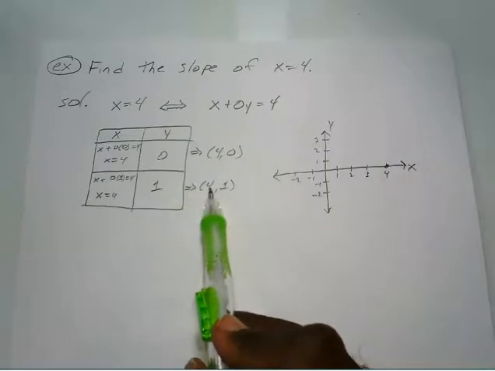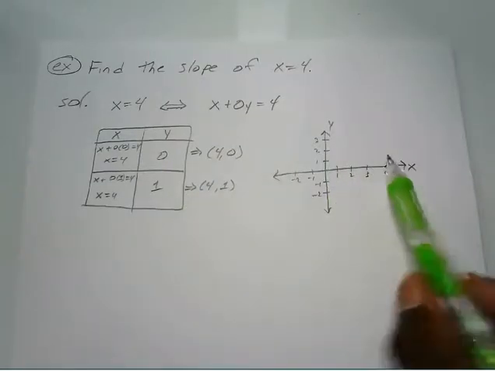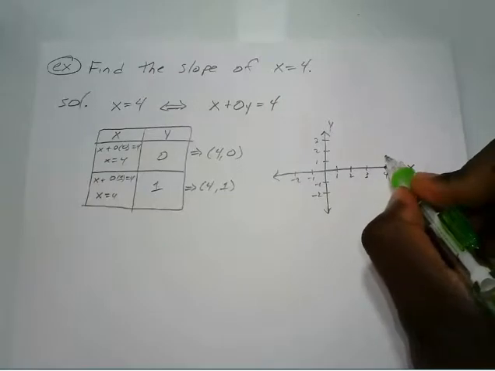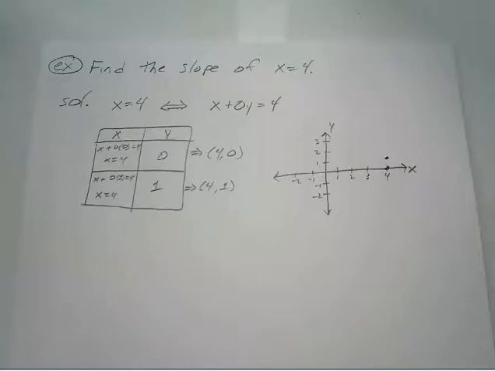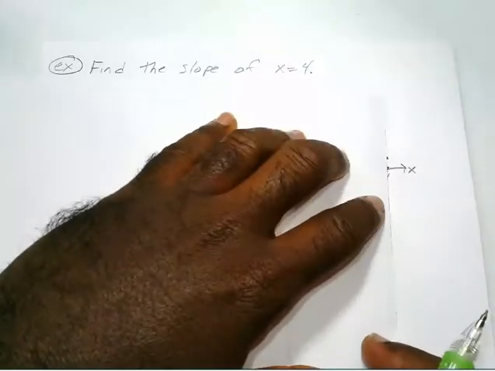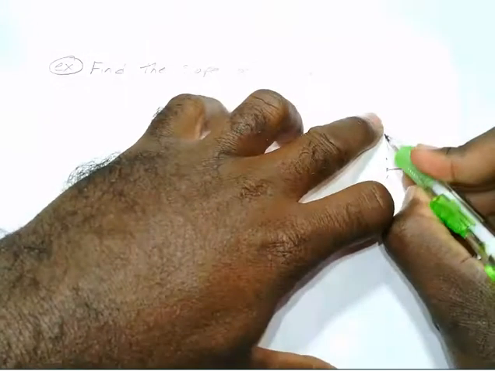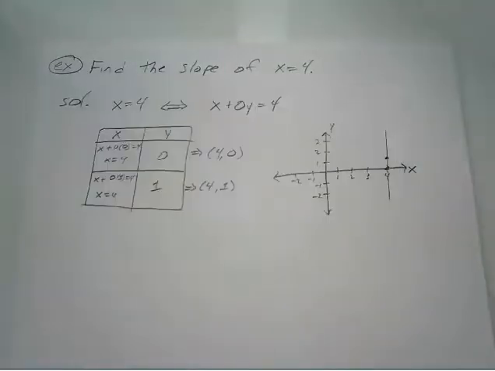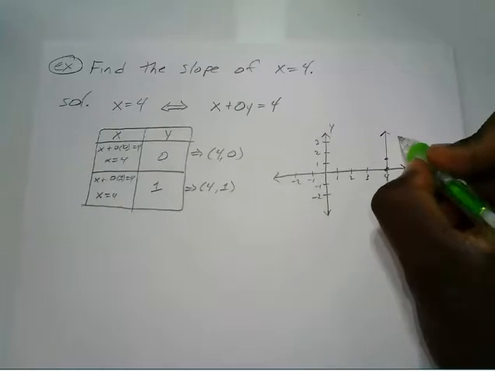If we go 4, 1, x is 4, y is 1, so we go 1, 2, 3, 4, 1, right there. And just like we did before, we get our straight line through the points. Alright, so we go ahead and draw the line through there. And that is the graph of x equals 4.